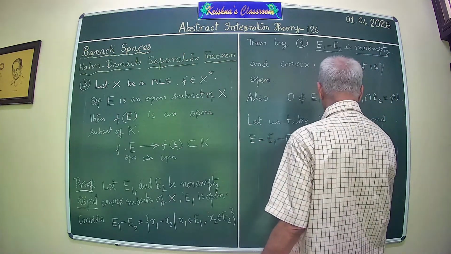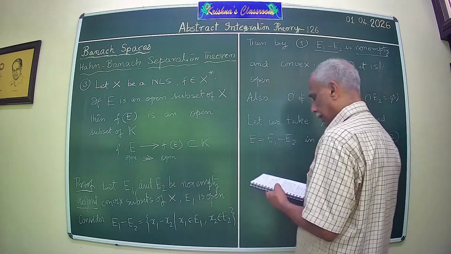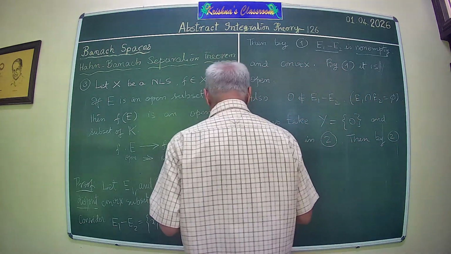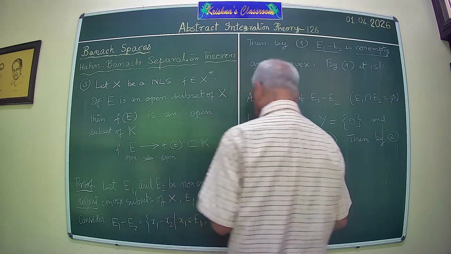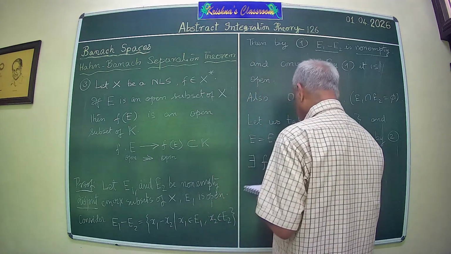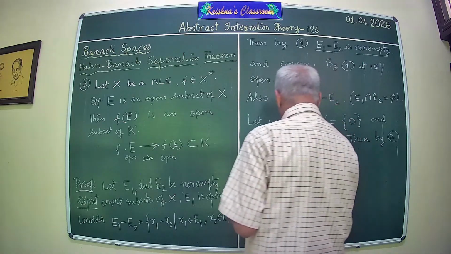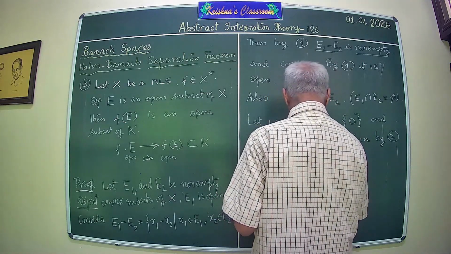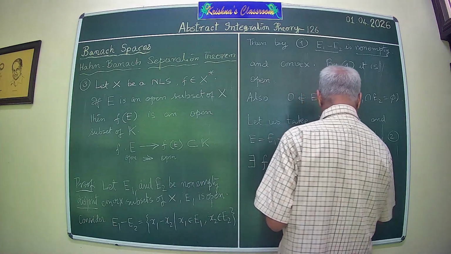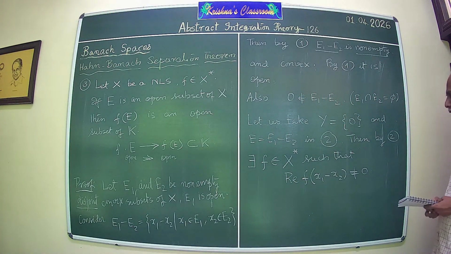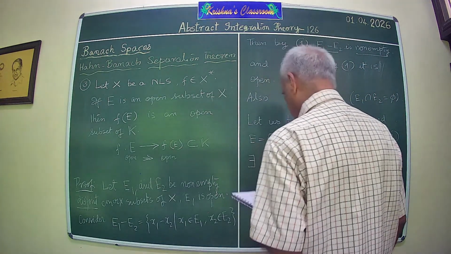Then by 2 there exists f in X star such that f of x is not equal to zero on E. So the typical element of E is x1 minus x2, where of course x1 belongs to E1 and x2 belongs to E2.